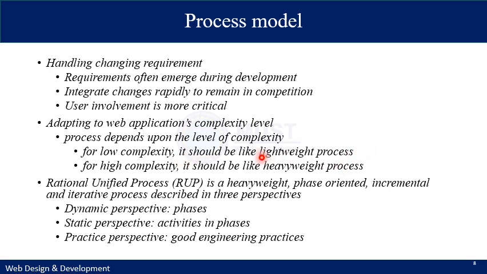So your process must be very lightweight, that you do not have to involve activities such as requirement analysis, design, implementation, testing, etc. But if you have a very high complexity application, your process should be a heavyweight process. That means it must involve all the development phases that a software project model should have.